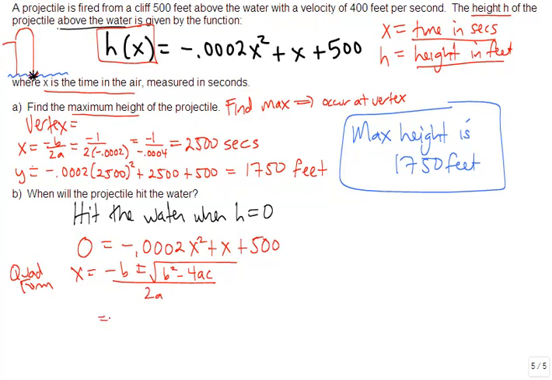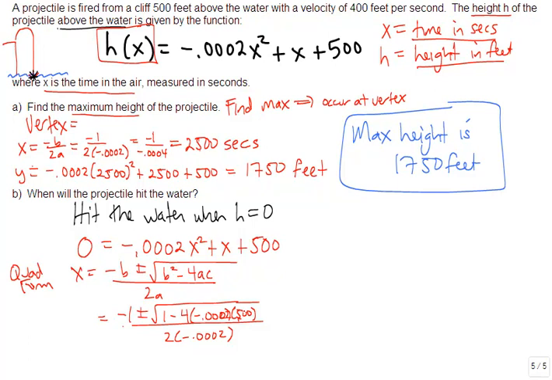And in our problem, our b is 1, so this is going to be negative 1 plus or minus the square root of b squared, which is 1, minus 4 times a, times c, all over 2 times a.